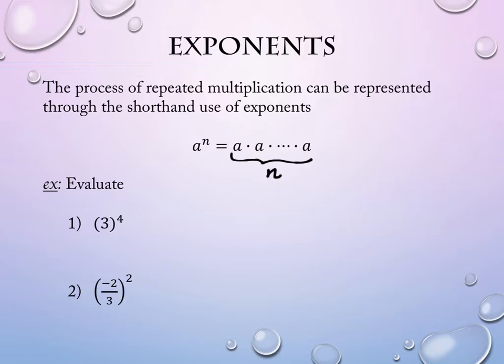So our first example is 3 to the power of 4. Now, again, I totally recognize, and you're welcome to have your calculator out. I totally recognize your calculator does exponents. So here's what I expect to see. I expect to see you show me that this means 3 times 3 times 3 times 3.